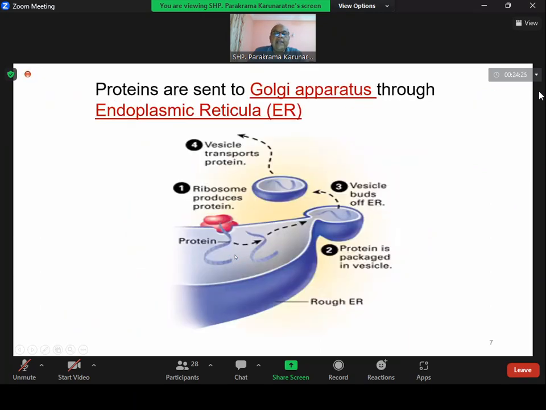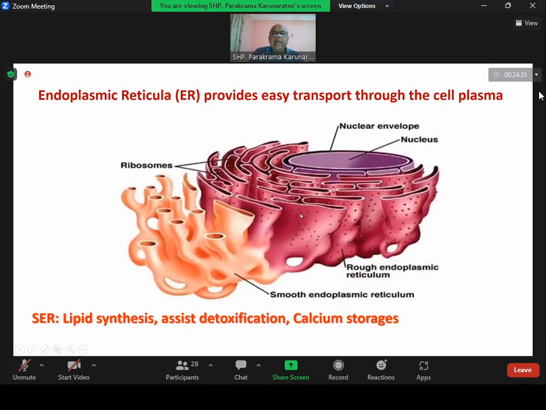Next, we were talking about how proteins go through the endoplasmic reticulum. You can see here, ribosomes are attached, and their function is synthesis of protein. When the proteins are synthesized, these ribosomes release them into the cavity, or lumen, of the endoplasmic reticulum.